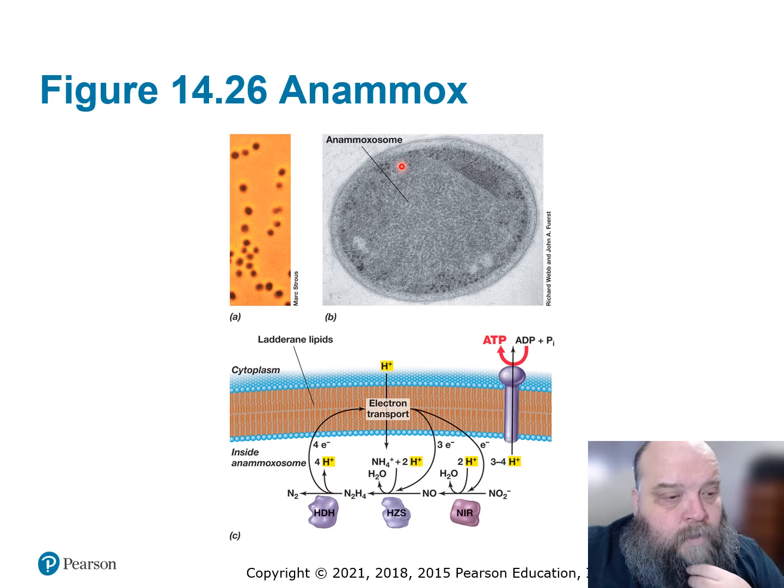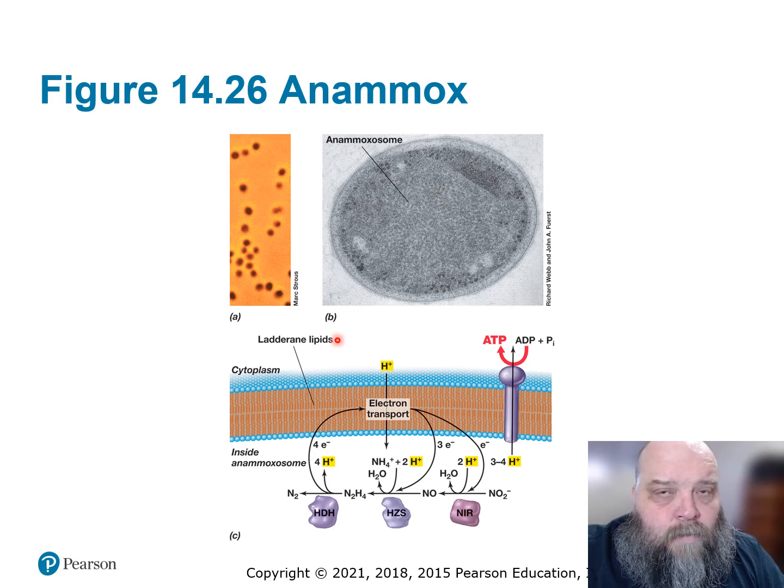So, these anammoxosomes you see here are not true organelles. They house, and are there for, one and only one thing, these Anammox reactions. Their membranes are different. I know in the last section I said, oh my gosh, the organelles.